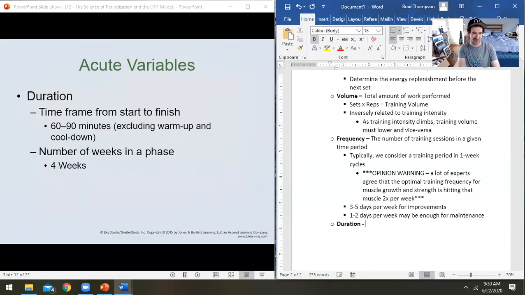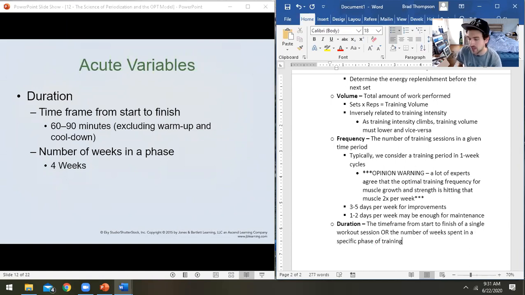Next, we've got duration, which has 2 definitions. Duration's my least favorite because it drives me crazy. It's like, just pick another word. So duration is 2 things. It is either the time frame from start to finish of a single workout session, or the number of weeks spent in a specific phase of training.